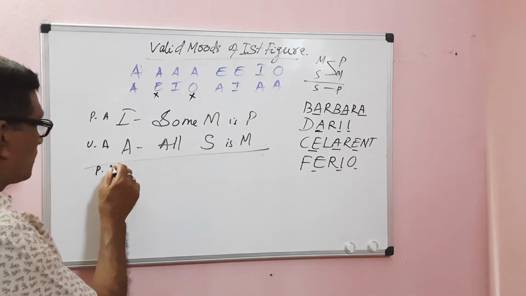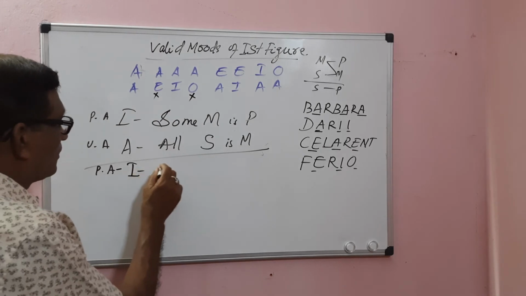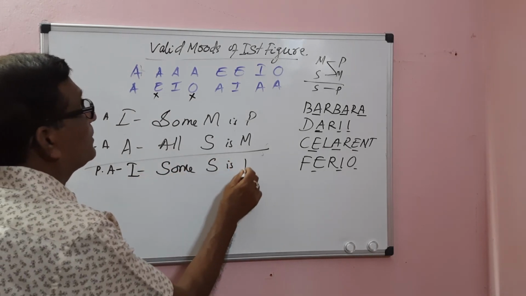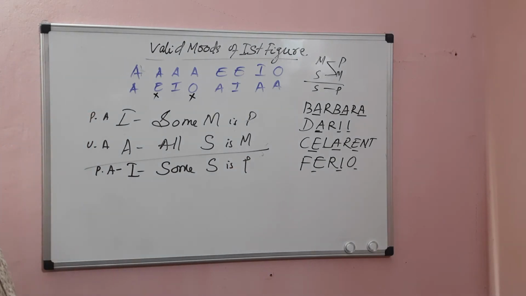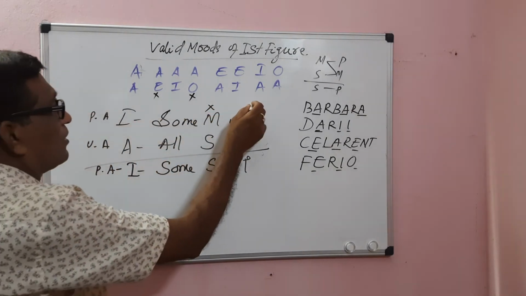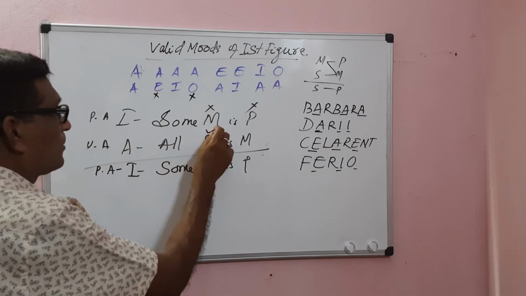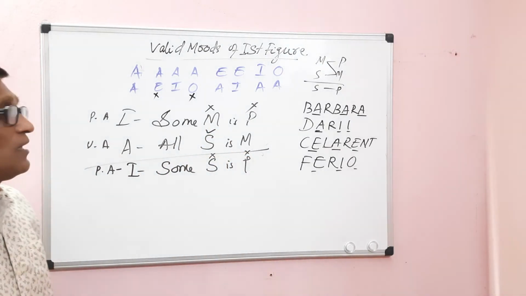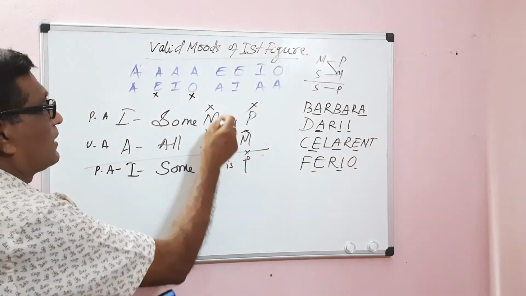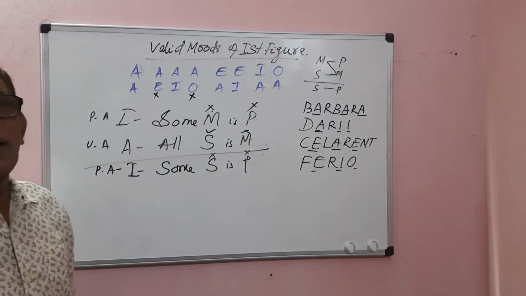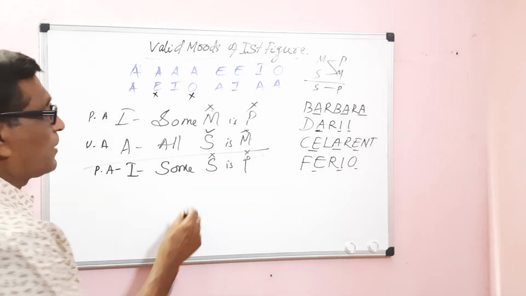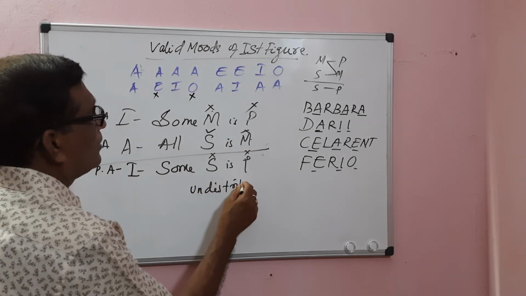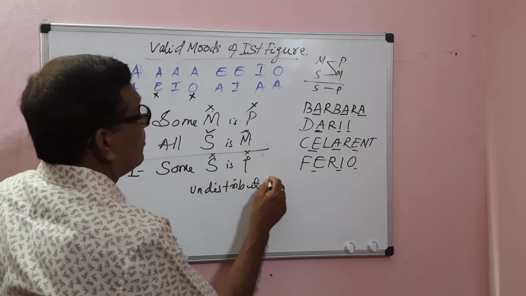The conclusion must be particular affirmative, meaning an I proposition: some S is P. Here the I proposition distributes neither subject nor predicate, and the A proposition distributes the subject. Here the middle term is distributed neither in the major premise nor in the minor premise. So this is a case of the fallacy of undistributed middle.